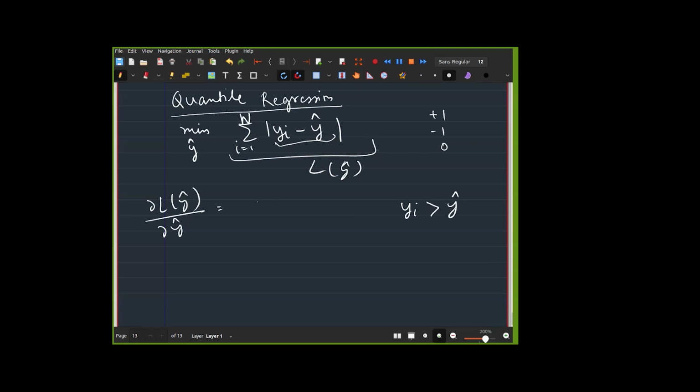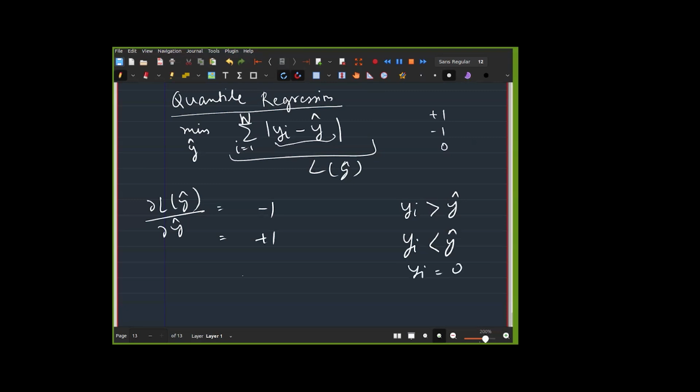And what we'll get is a sum over i equal to 1 to n of -1s. Okay, let's not even have a summation, because for every yi I have this condition. So let's do it for each yi. So if yi is greater than y hat, then I get a -1. If yi is less than y hat, then I get a +1.